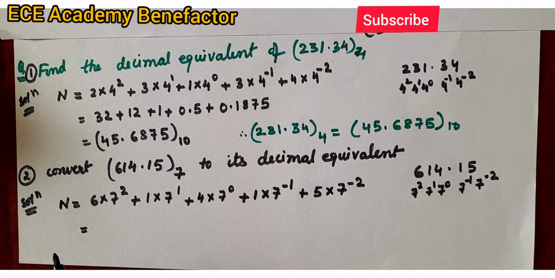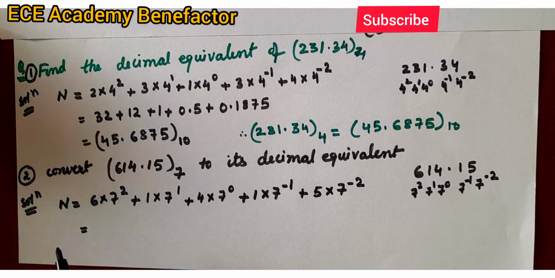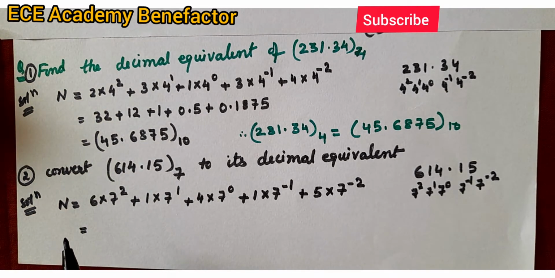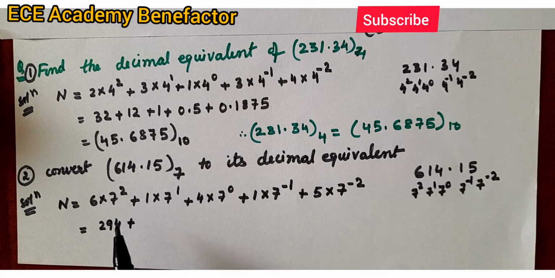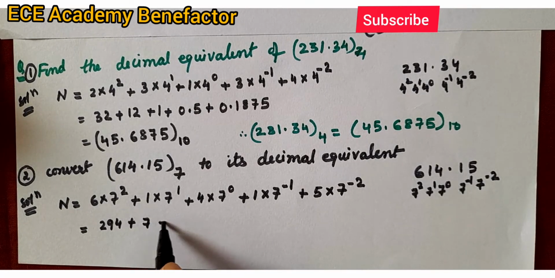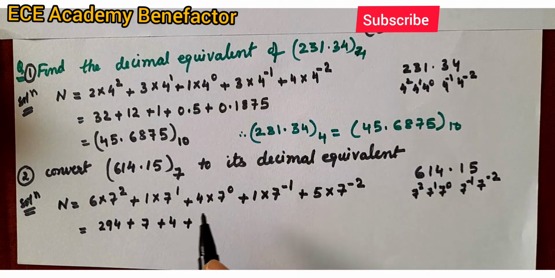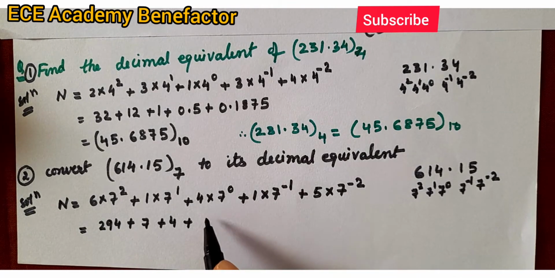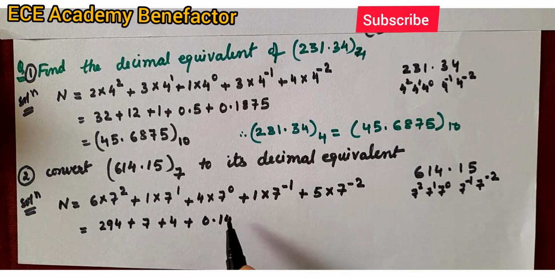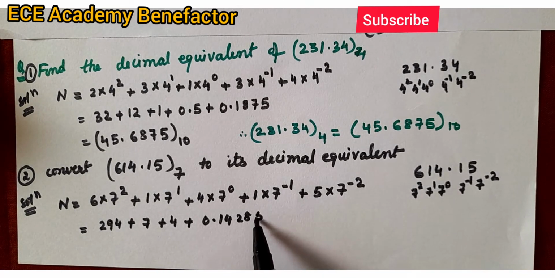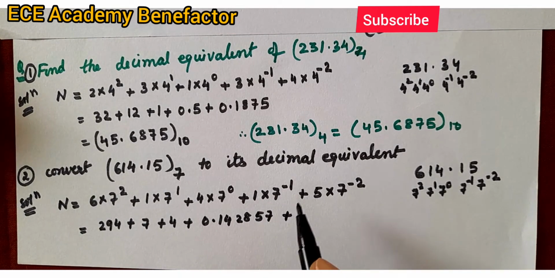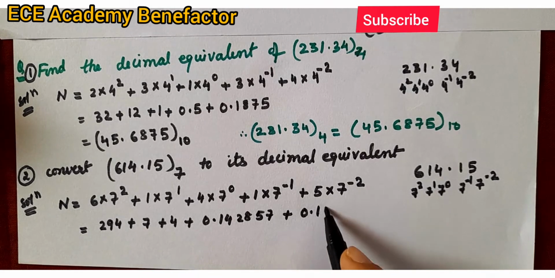On simplifying, 7 square means 49, 49 into 6 will come as 294, plus 7, plus 4, plus 1 by 7, 1 by 7 is 0.142857, plus 0.102.